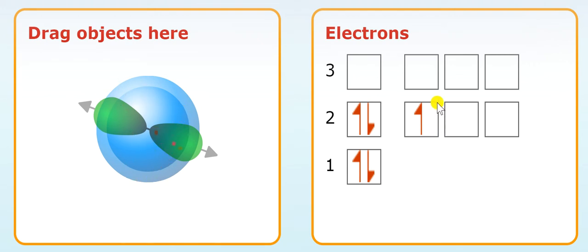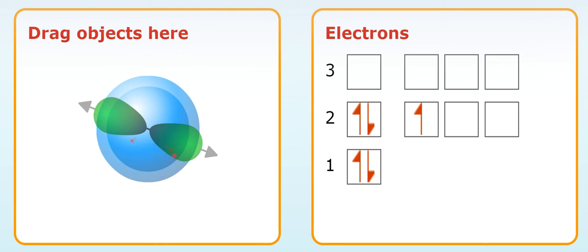And so that's exactly what these square boxes represent. Each one of these square boxes is an orbital. And these 3 boxes that are clumped together, those represent the 2p sublevel. And inside of a 2p sublevel, there are 3 copies of 2p orbitals.